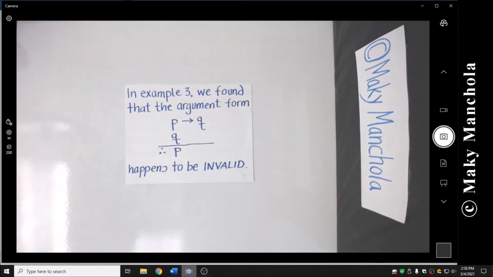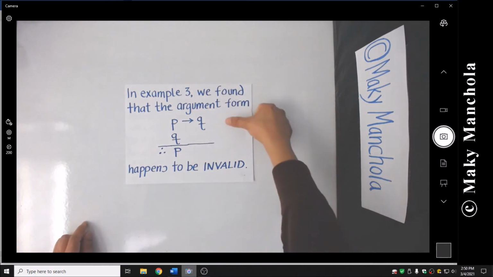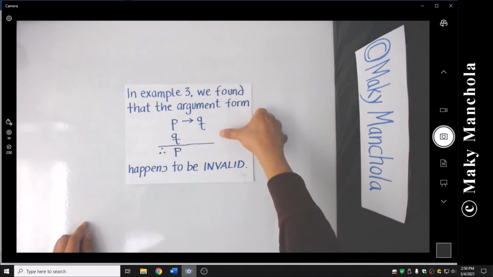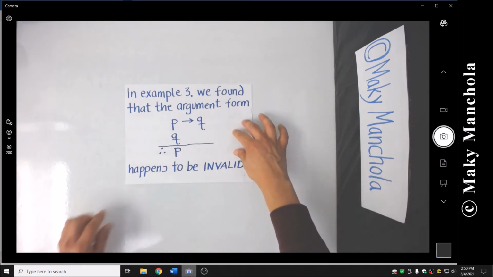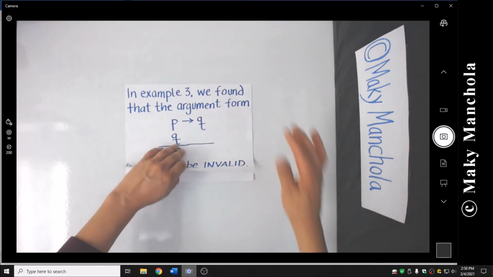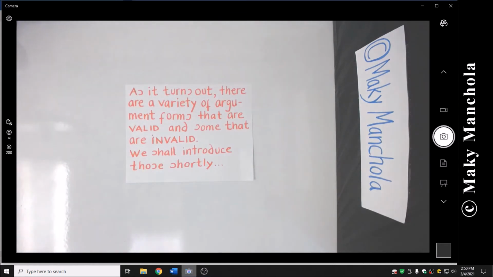In example 3, we found that the argument form P implies Q, Q therefore P happens to be invalid. As it turns out, there are a variety of argument forms that are valid and some that are invalid. We shall introduce those shortly.